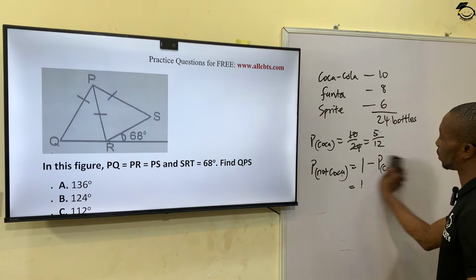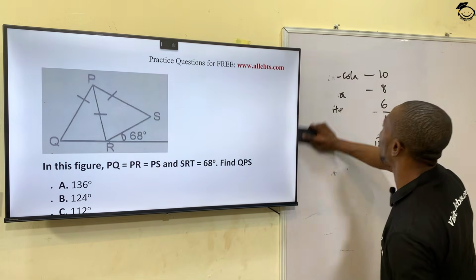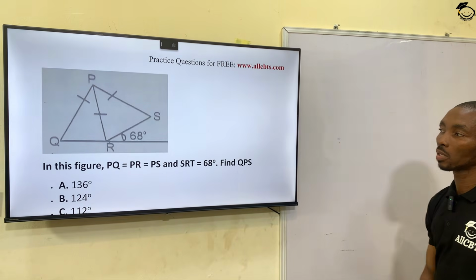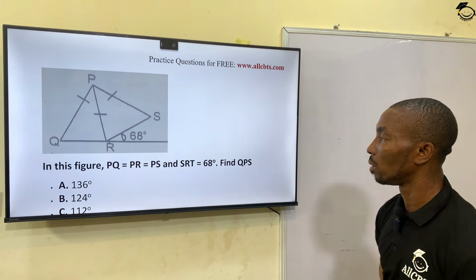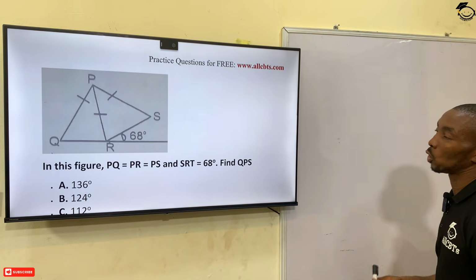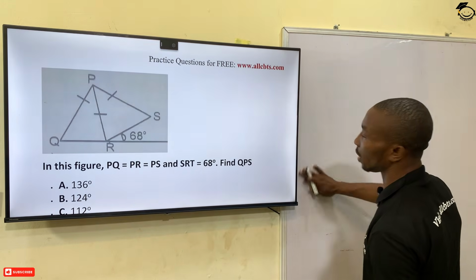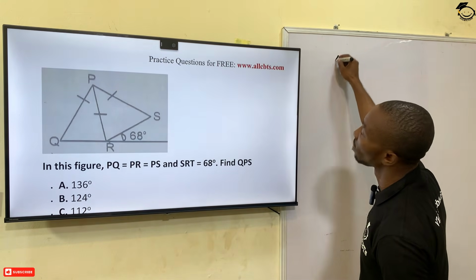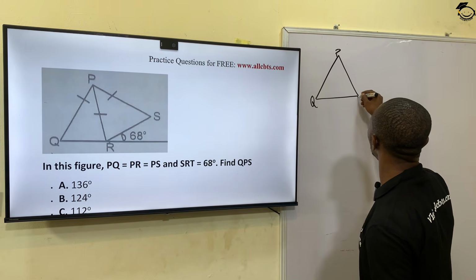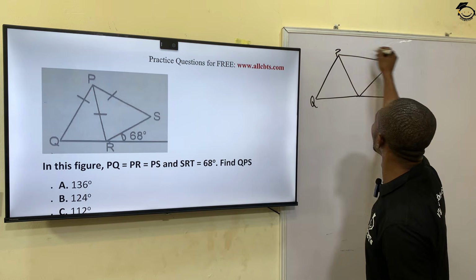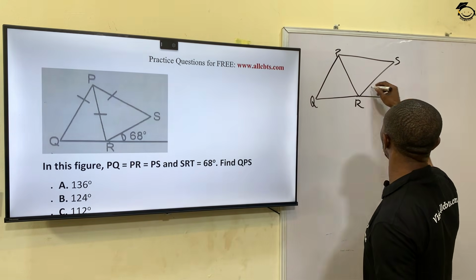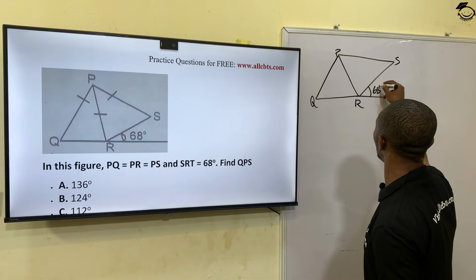Now to our next question that says, in this figure, PQ equals PS equals PR and SRT equals 68. Find QPS. Now, in doing this, we have it as a diagram this way: Q, P, S, and R with T. So SRT is 68 degrees.